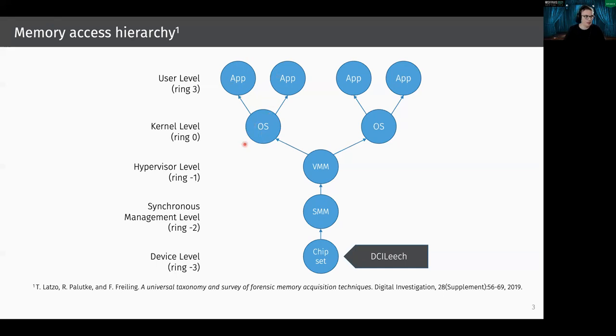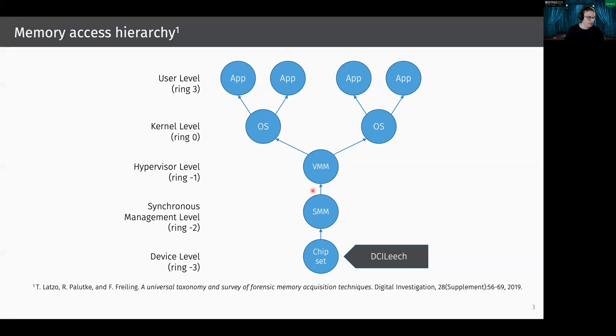One layer below, here we have the hypervisor level, and if we have multiple operating systems, the virtual machine monitor or hypervisor can access the address spaces of these kernels, and it can also access the address spaces of the applications, so this relation is transitive.